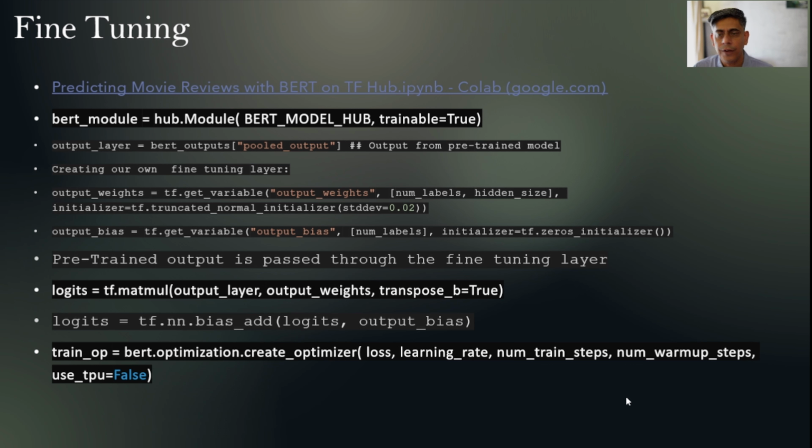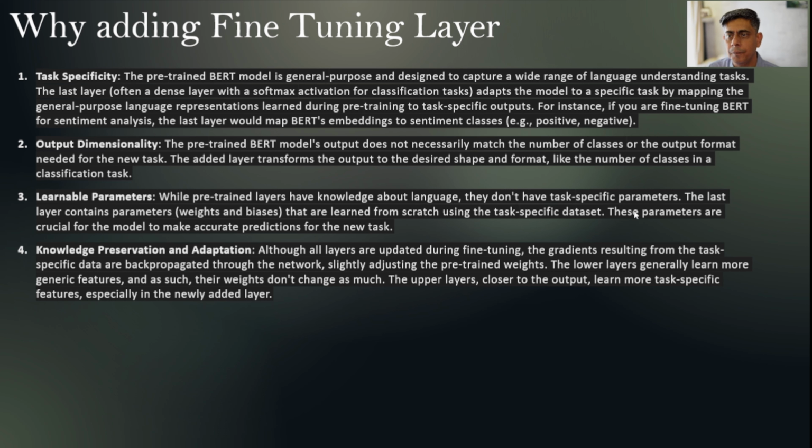When you go to fine-tuning, this is the pre-training description. When you go to fine-tuning, we'll understand from our code in a better way. Only two things we want to say here: at the last we add a fine-tuning layer, like in GPT we had done. All the other weights remain the same, then you add another layer there which is task specific.